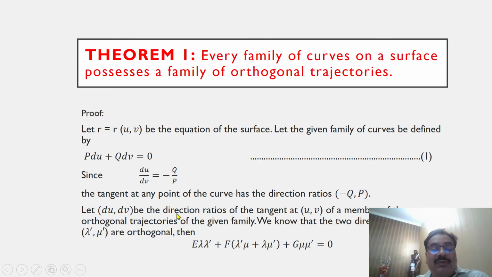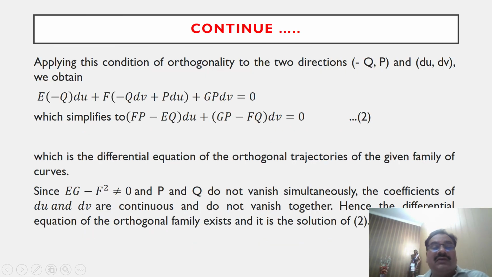Let du, dv be the direction ratios of the tangent at (u,v) of the member of the orthogonal trajectory of the given family. We know that if the two directions (lambda, mu) and (lambda dash, mu dash) are orthogonal, then E lambda lambda dash + F(lambda dash mu + lambda mu dash) + G mu mu dash = 0.